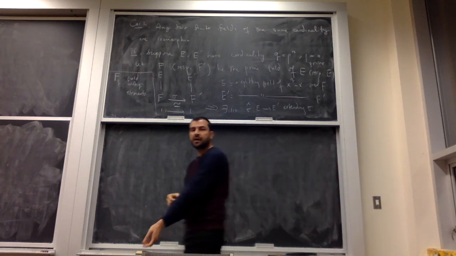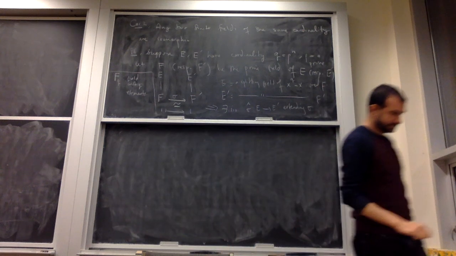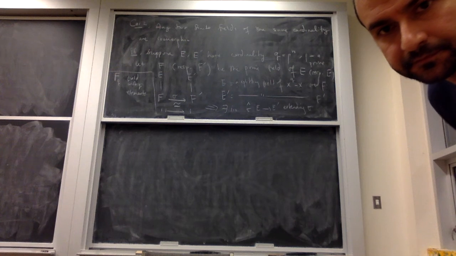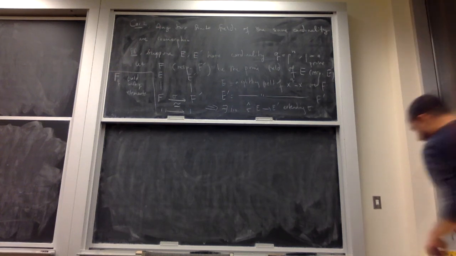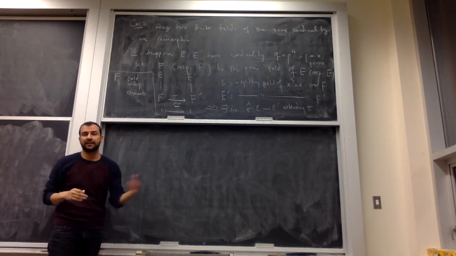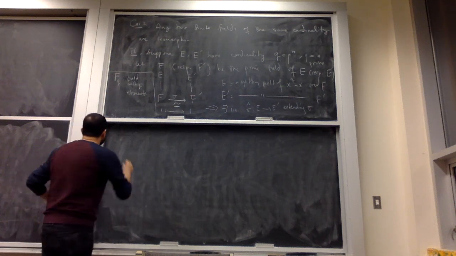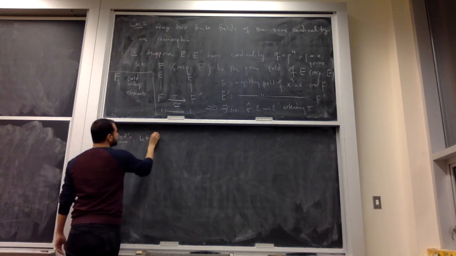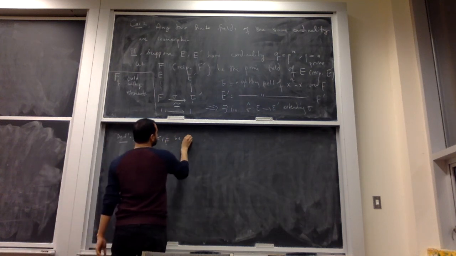Okay, now let me remind you of a definition from a couple of lectures ago. This definition is crucial for all the rest of the course. So, definition: let K over F be a field extension.